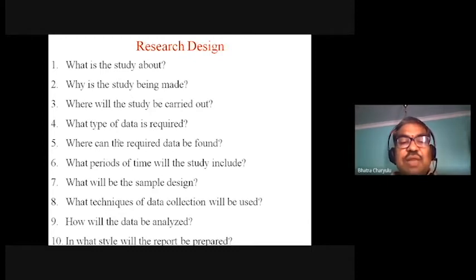How will the data be analyzed? In what style will the report be prepared? So these are the major problems that we are attempting in designing the research.